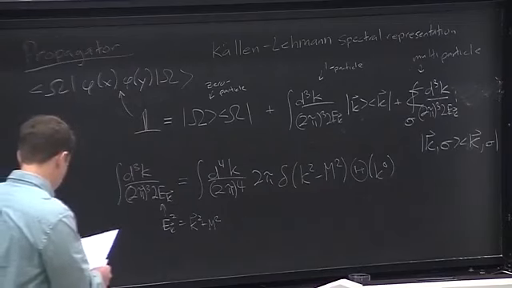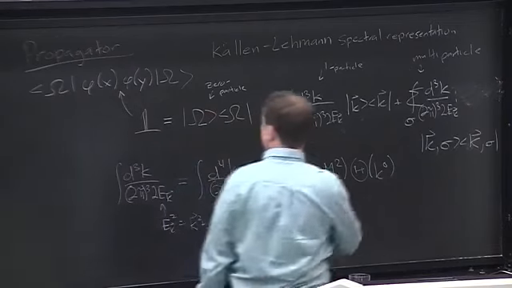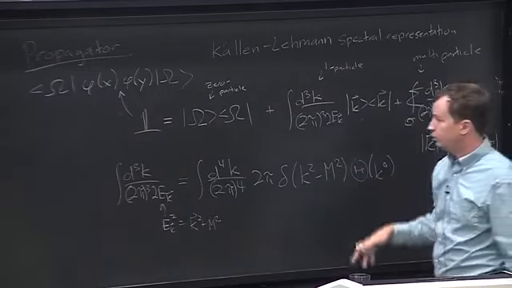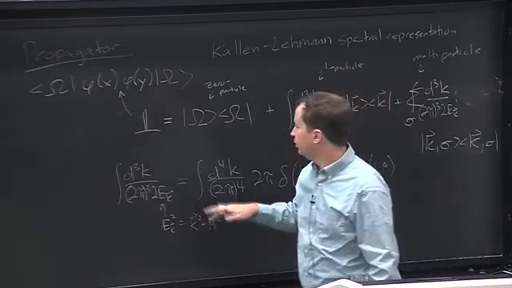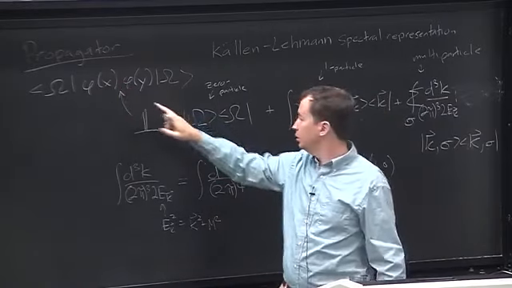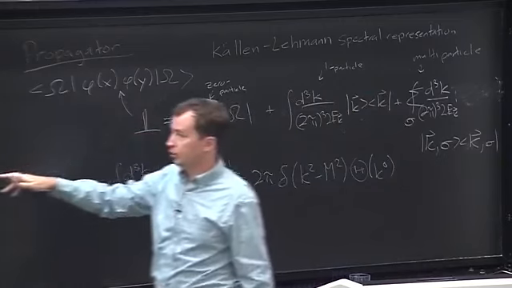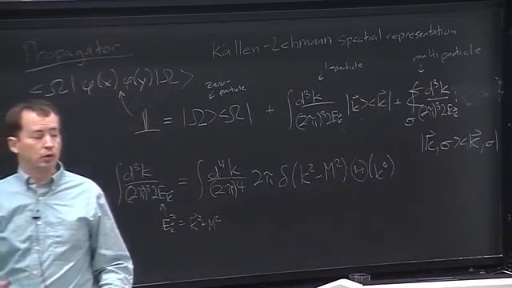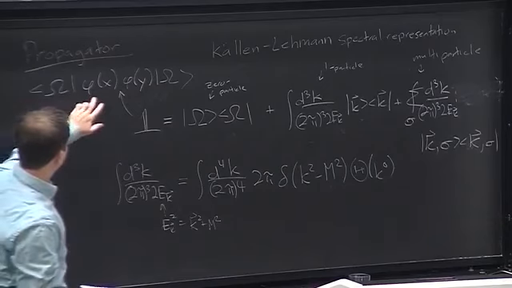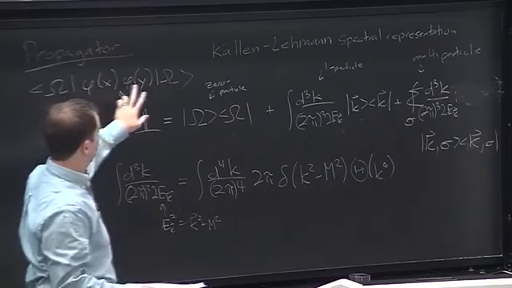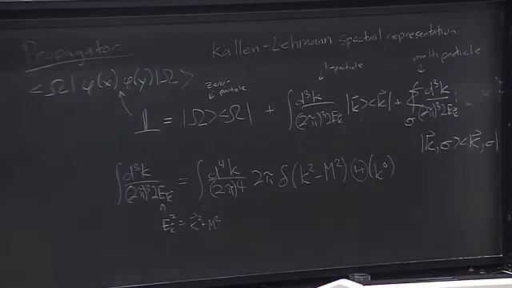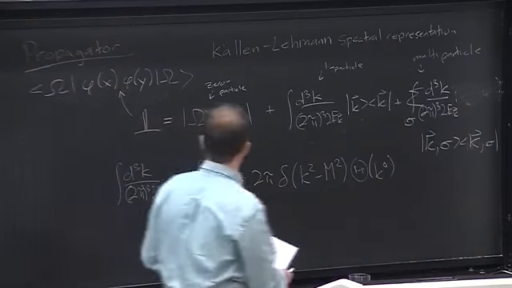Okay. So that suggests if we insert this identity, well, what are we going to get? So this first term here is going to give us 0 because of our assumption before that the vacuum expectation value of our field operator is 0. So this first term just gives us ⟨Ω|φ|Ω⟩ times ⟨Ω|φ|Ω⟩, where each term in the product is 0.